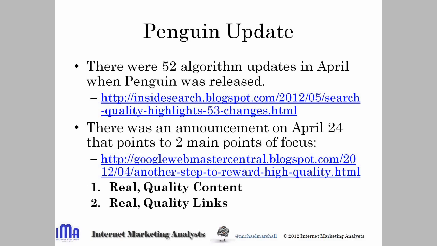And there was an announcement on April 24th that points to two main points of focus, and that really is quality content and quality links. So I mention the first point because you need to be careful when people say, oh, this is what Penguin was addressing, or that is what Penguin was addressing, or I saw this happen. And keep in mind there were 52 algorithm updates that same month.